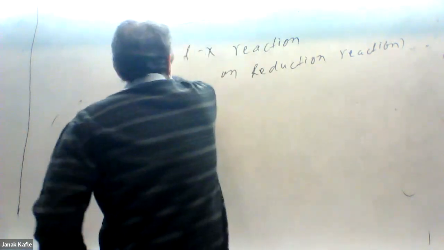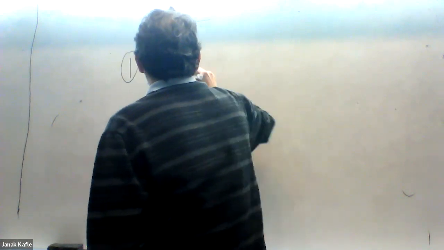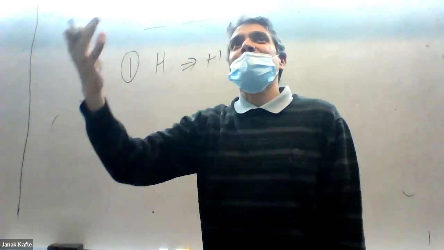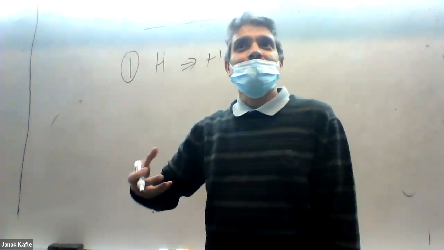I have some time here, so there are some rules to calculate the oxidation number of some element in some compound. If there is H, the oxidation number of H is +1. Always, this is fixed.